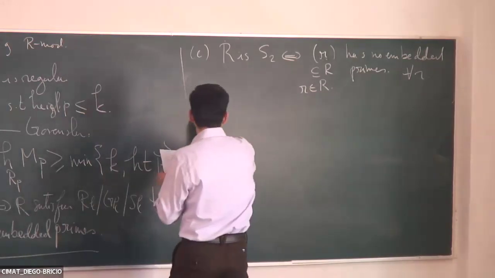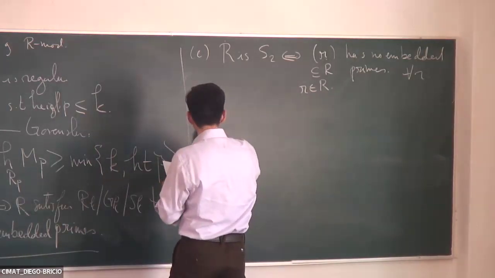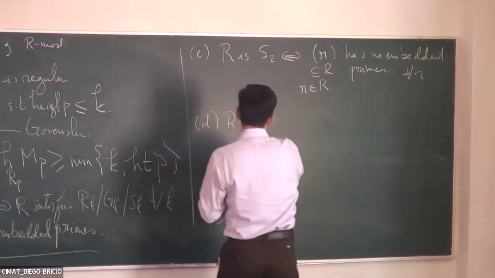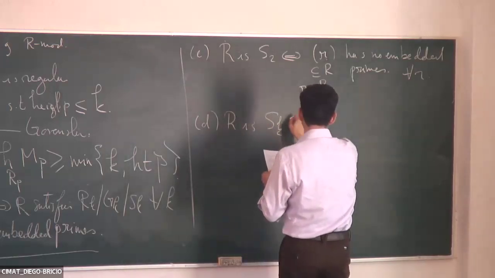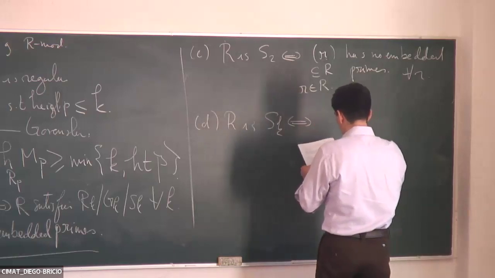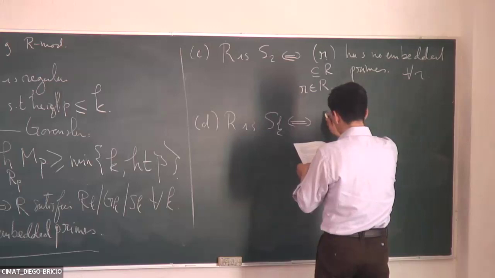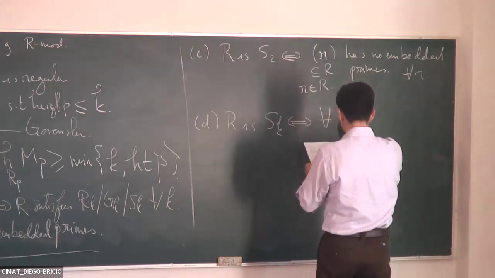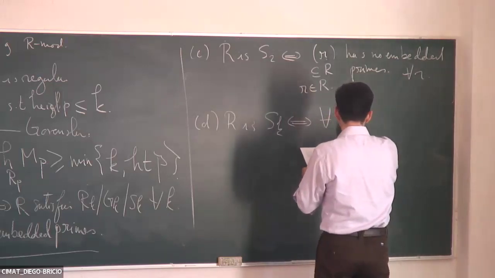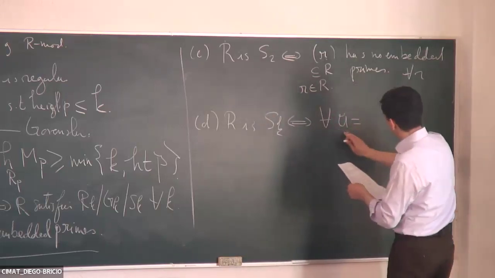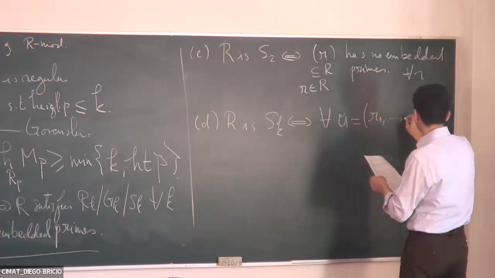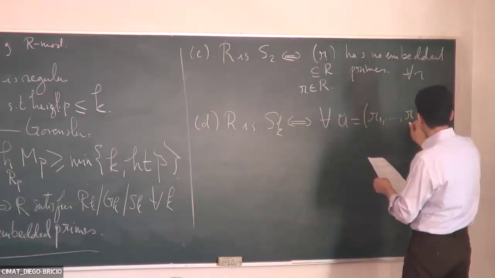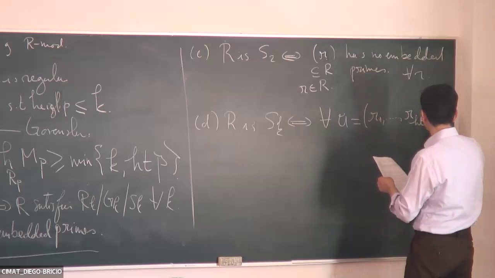And I can tell you what SK means. R is SK, this one is a bit more complicated, if and only if, so when you look at, let's say, for all ideals A, what you're looking for is ideals A generated by height of A elements.